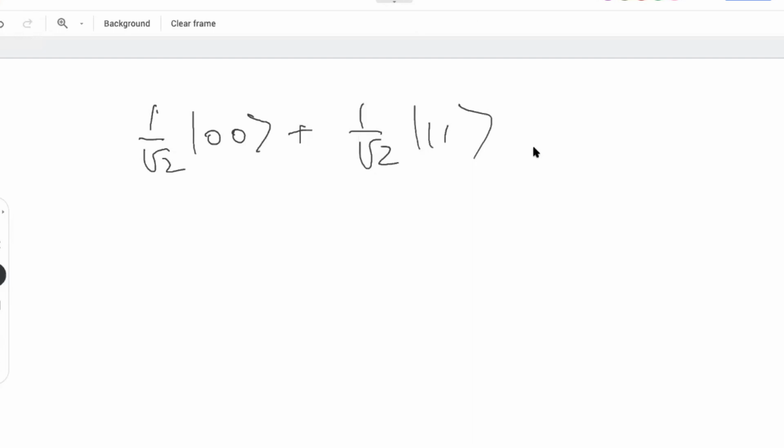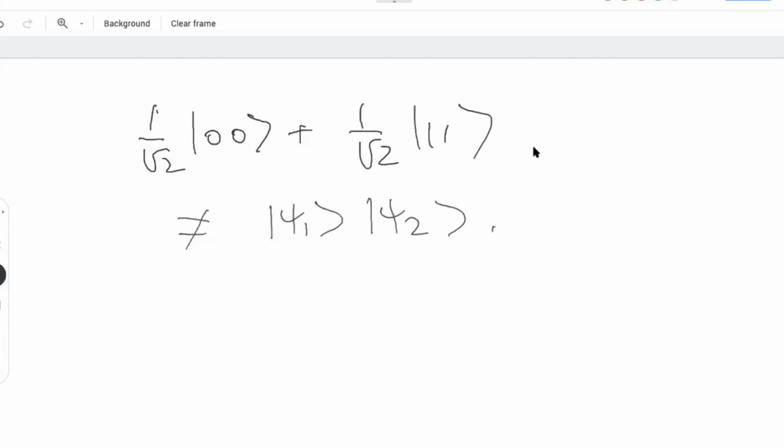It cannot be decomposed as psi1, psi2. So the exercise before was a challenge exercise. It asks you not only to give me an example, but to prove to me that this state cannot be decomposed in such a way.